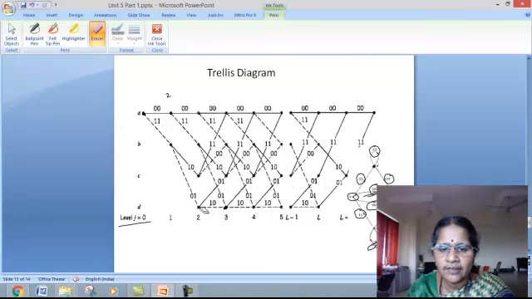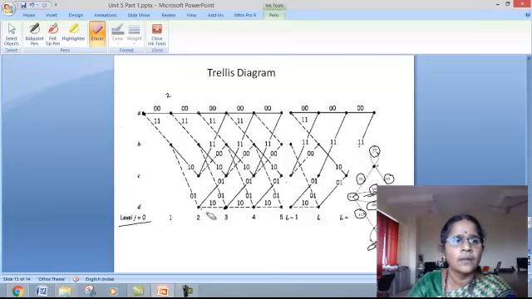And from state D, if the input is 1, go to state D itself, producing an output of 1, 0. So this trellis diagram can now be constructed using this state diagram, and we can see that all the state A's are present here. Compare it with the code tree, all the state A's, B's, C's, and D's are here.